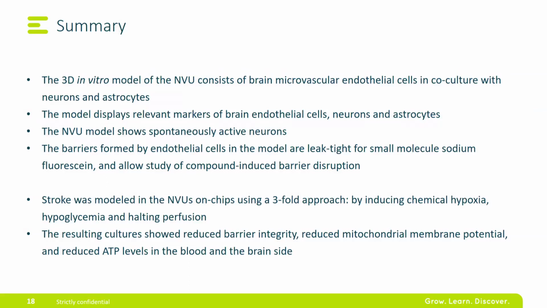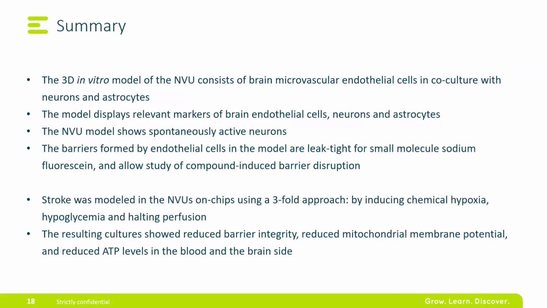Now, once we had this model, we were able to also model the disease, so stroke, by using a threefold approach, inducing chemical hypoxia, hypoglycemia, and by simply halting the perfusion, really mimicking the conditions that also happen when a blood clot disrupts the flow to the brain.